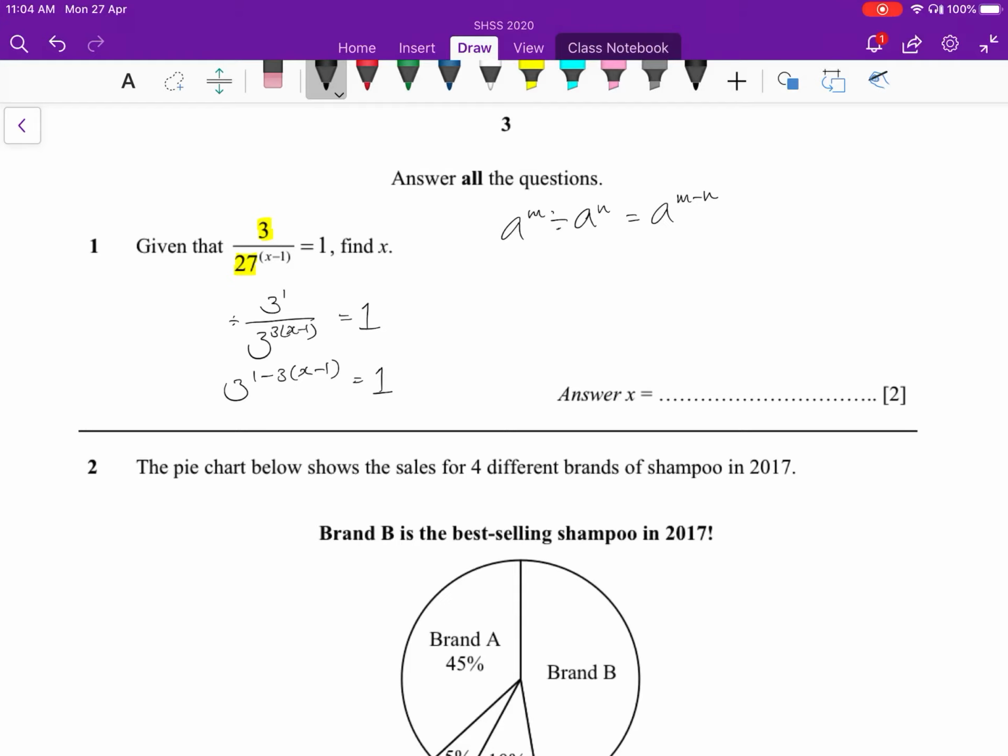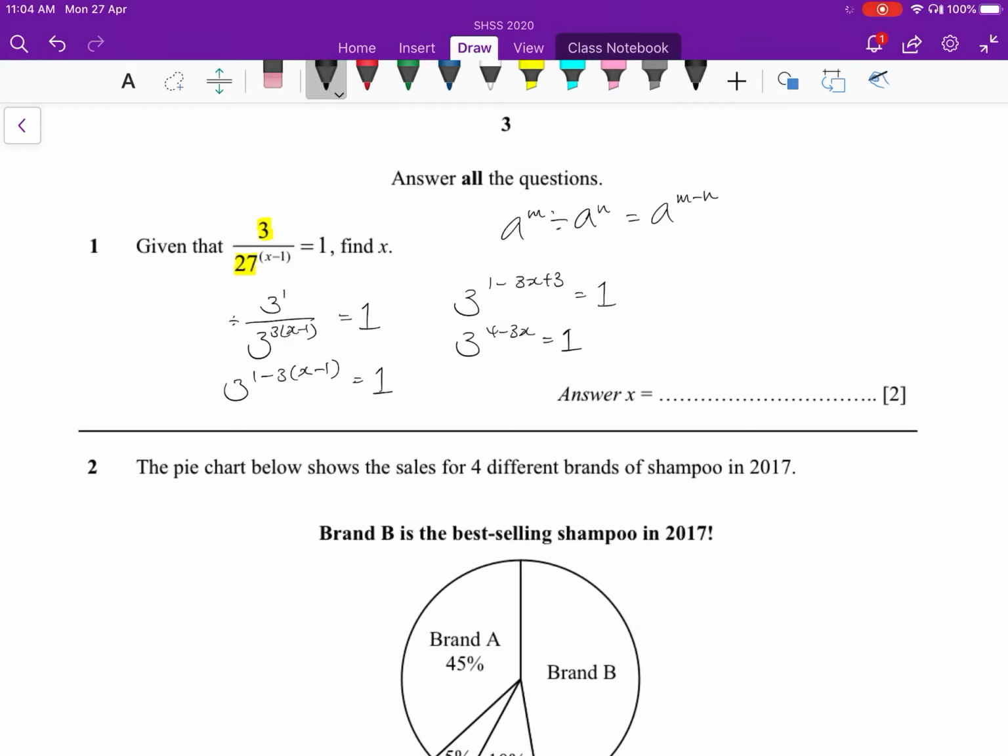If you continue, then we get 3 to the power of 1 minus 3x plus 3 equals 1. Simplify, 3 to the power of 4 minus 3x equals 1.